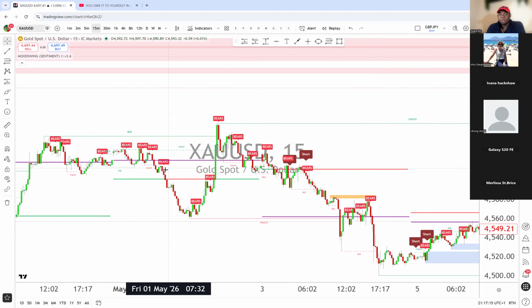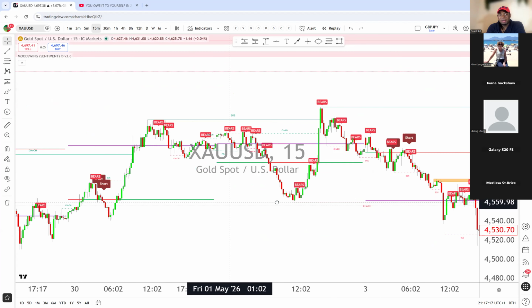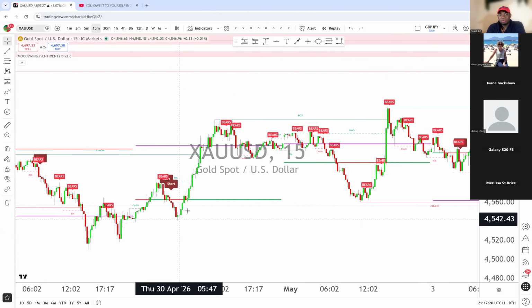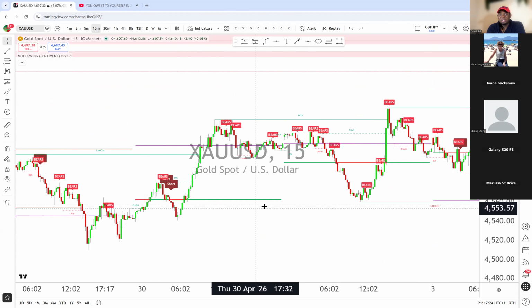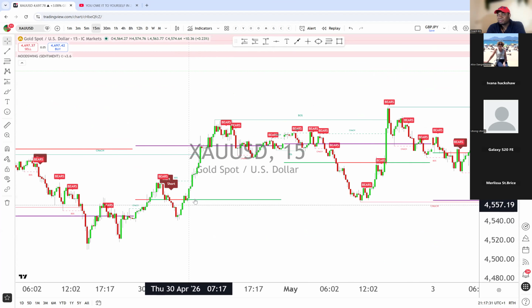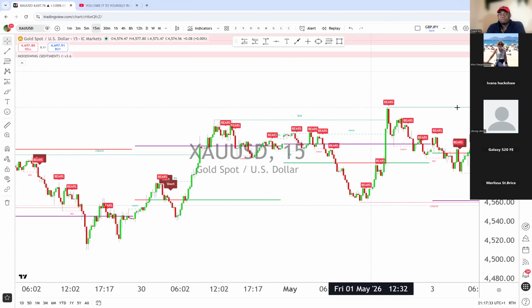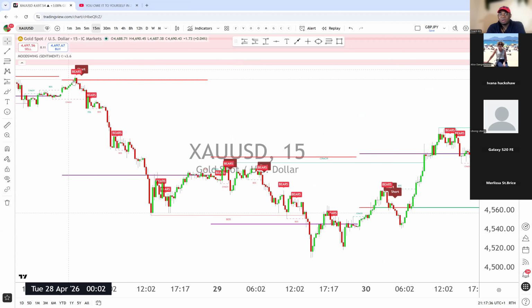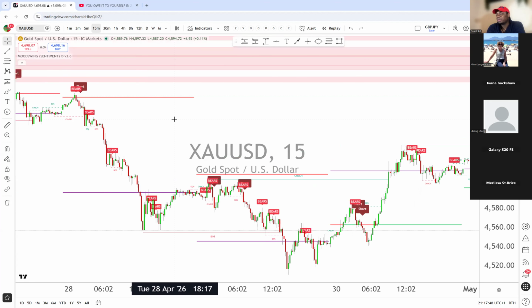Say the price starts trading above the mood swing line right here. It turns green to represent the market mood changing to positive. If it starts trading below the mood swing line, it shows red, and that tells me the market sentiment and mood is to the downside. So we can't change those colors because they represent something.